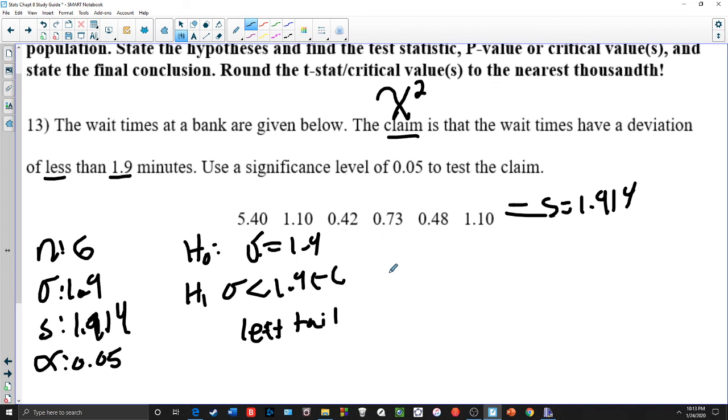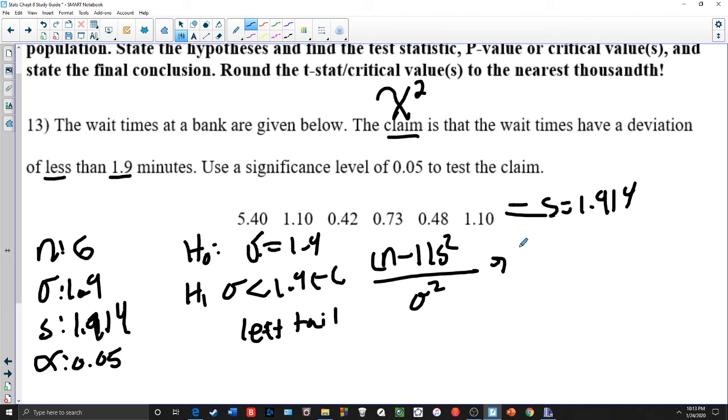So first thing we do, get our test stat. So we use that chi-squared formula. Once again, the back of your study guide has the chi-squared formula in there. It's n minus 1 times s squared over sigma squared.